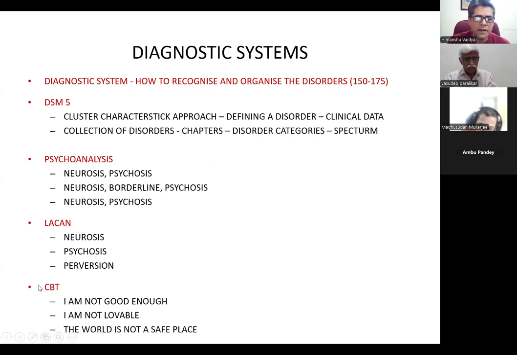If you look at CBT, they will put them into 3 categories: disorders driven by 'I am not good enough', meaning self-worth related disorders. Second, 'I am not lovable', meaning attachment problem related disorders.